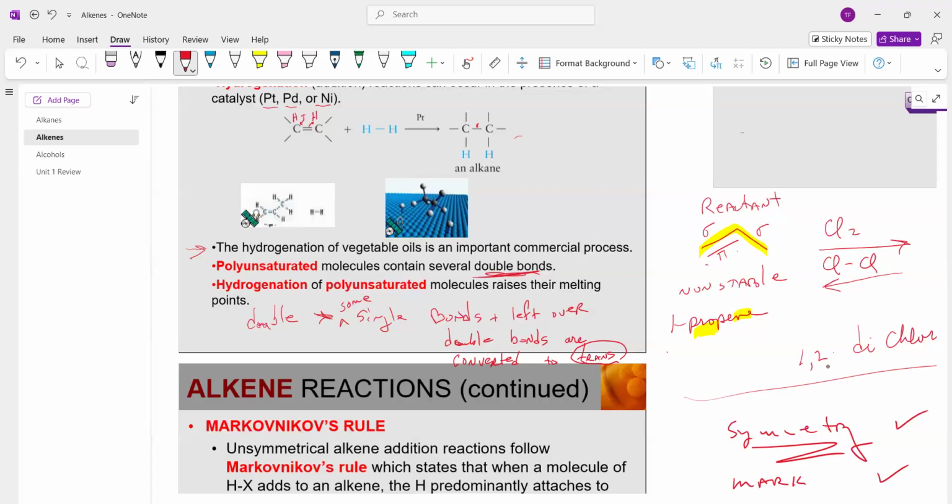The double bonds that are left over, not 100% reaction, are converted from cis to trans.